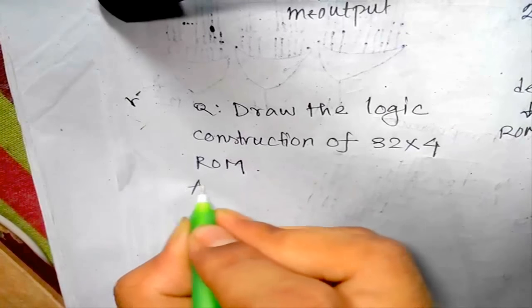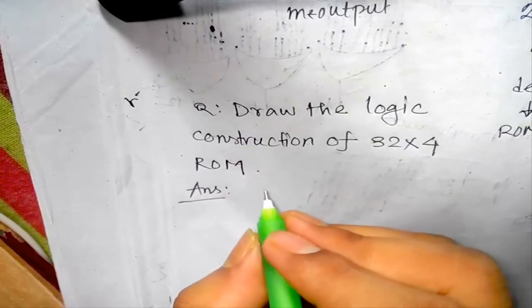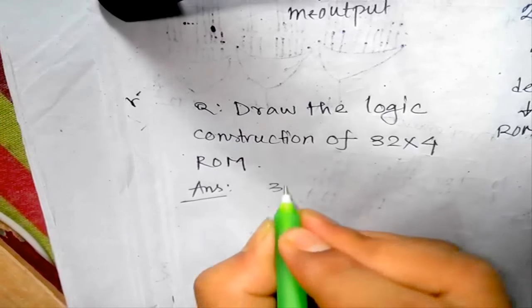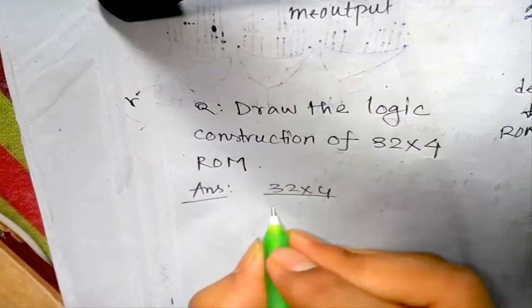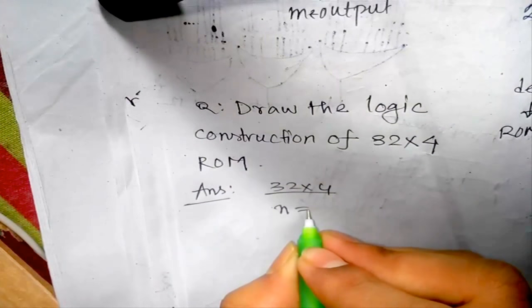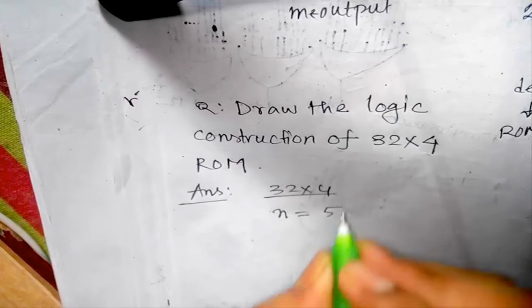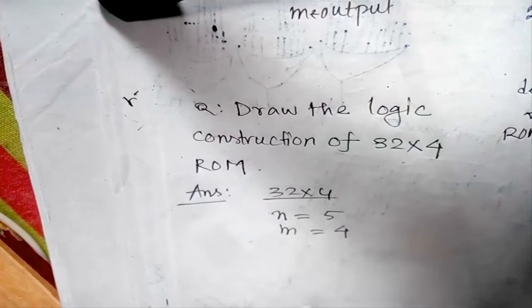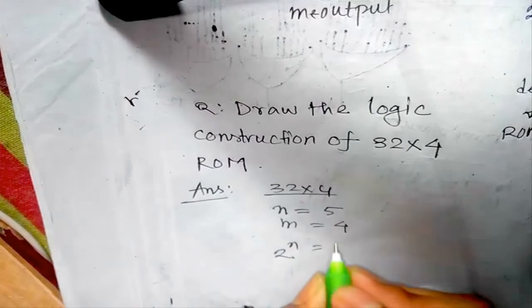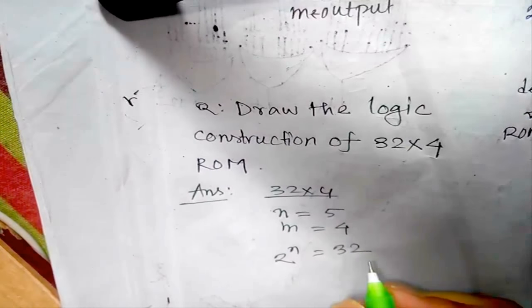First of all, we should analyze 32 into 4, where n is equal to 5, m is equal to 4, 2 to the power n is equal to 32.